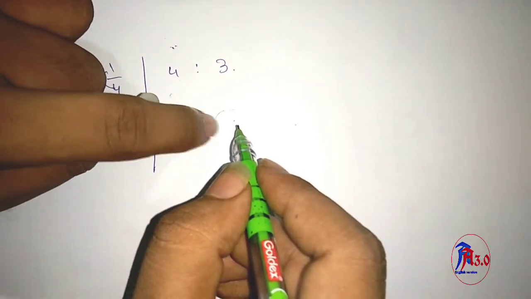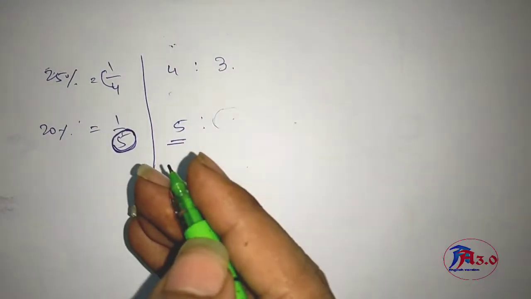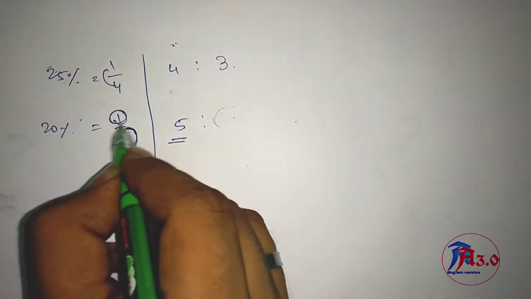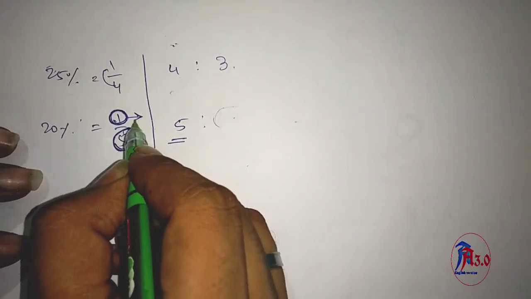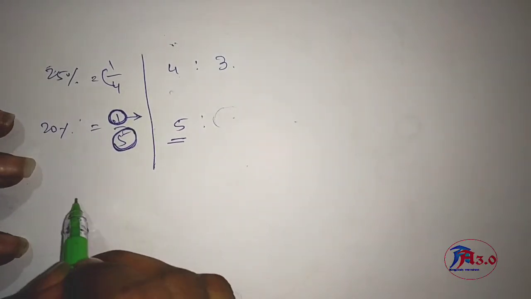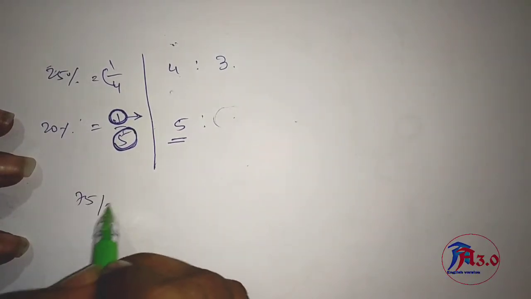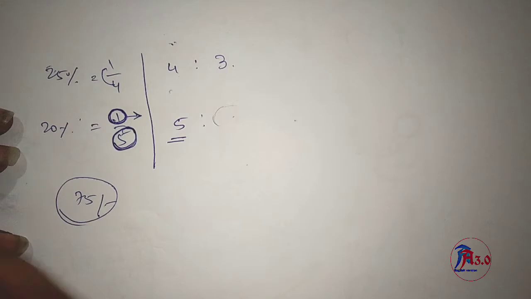This condition is very important here. Deepali spent 1 unit, and the 1 unit given in the question is 75 rupees.